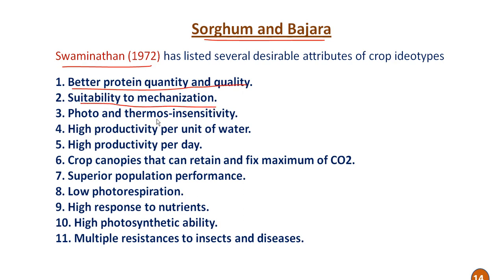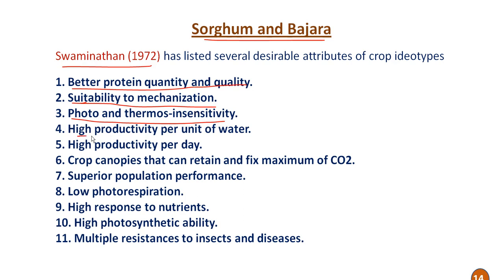Then photo and thermo insensitive. So these are the common breeding objectives also. So we prefer the varieties or plant types which are suitable to mechanization or photo and thermo insensitive, meaning there is no effect of temperature and light on this plant type.